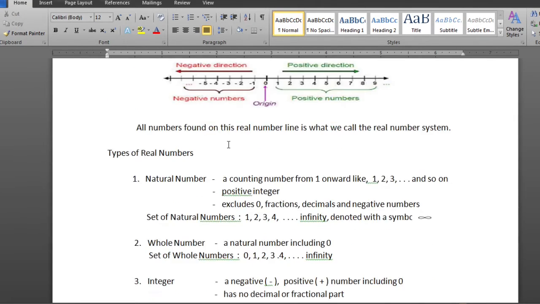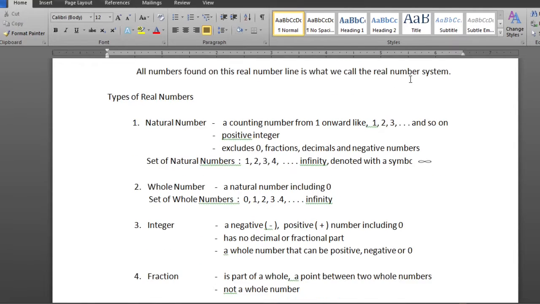So here, on the real number line, it is a negative, 0, or positive number. So all whole numbers from the left to the right are what we call integers.